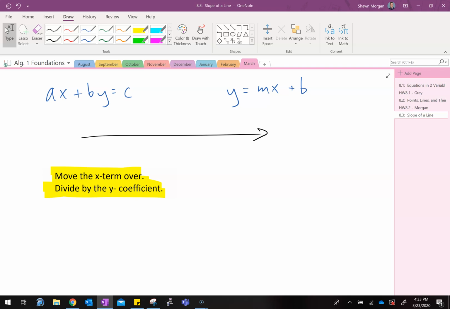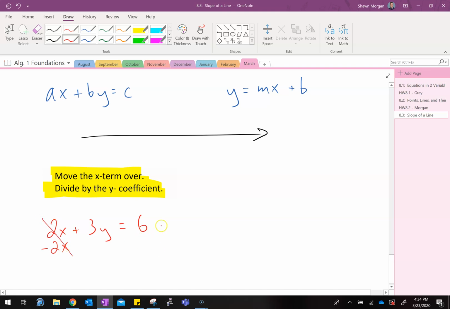Now, I want you to practice that with me here. I'm going to give you an equation in standard form. I'm going to give you the equation 2x plus 3y equals 6. And we're going to get the x term on the other side, and then we're going to divide by the y coefficient. So first things first, to move that x term over, we're going to change sides, use your inverse operation of subtraction.